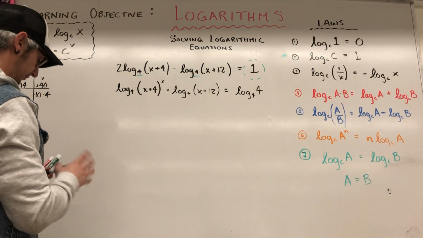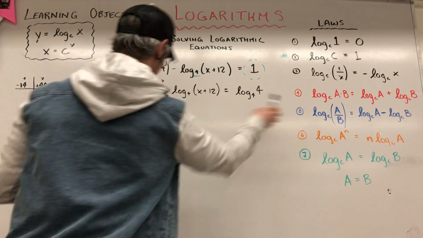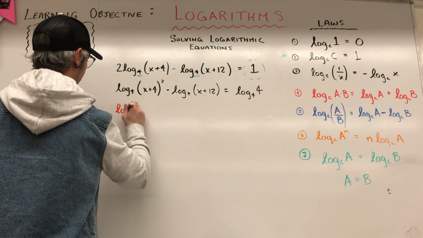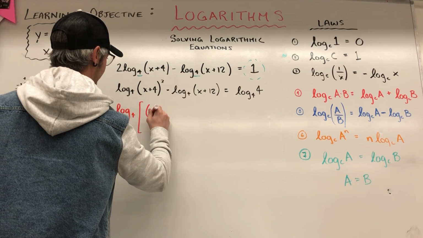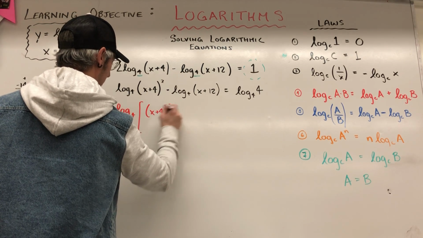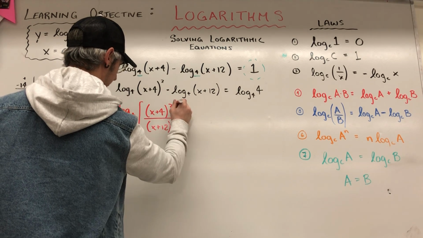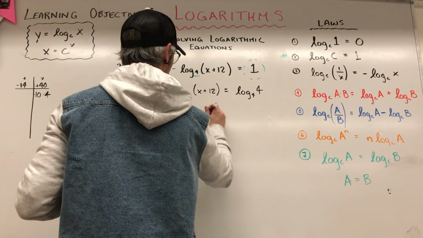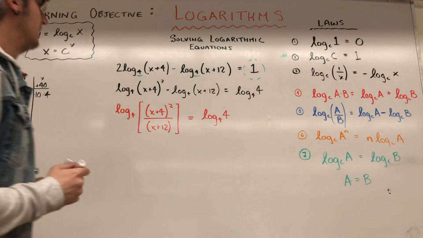So now I'm going to rewrite this using this identity. Log base 4 of x plus 4 squared divided by x plus 12 is equal to log base 4 of 4.